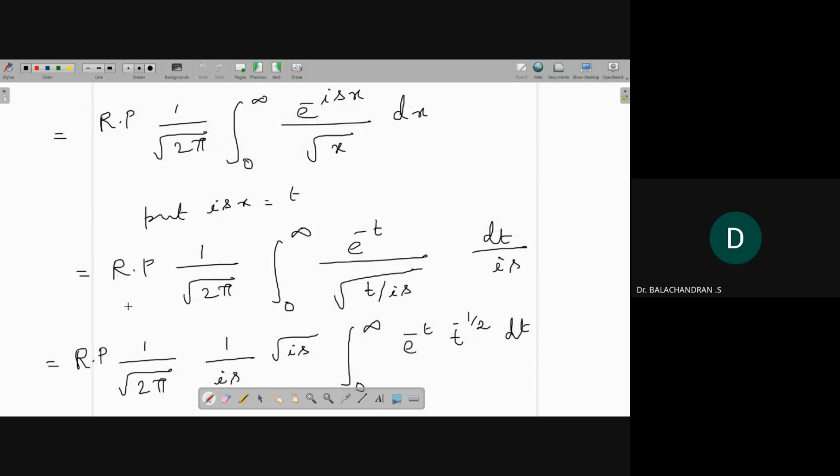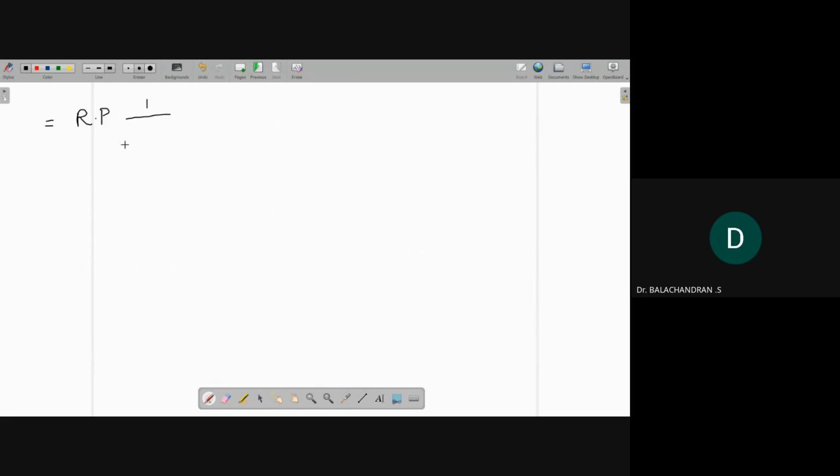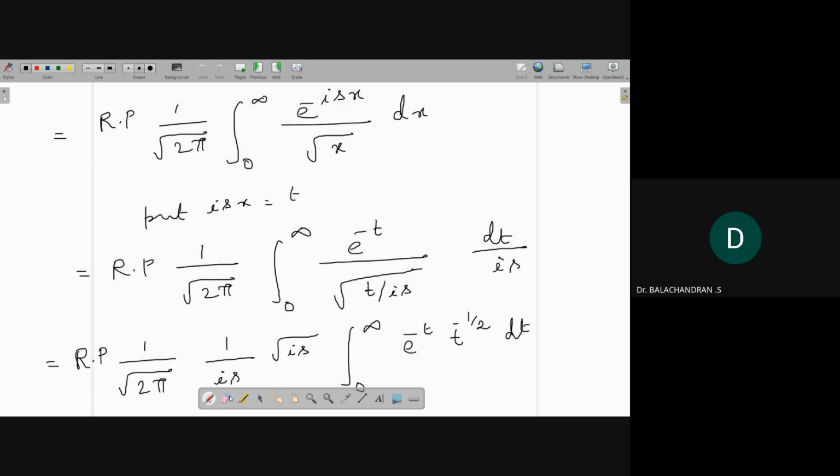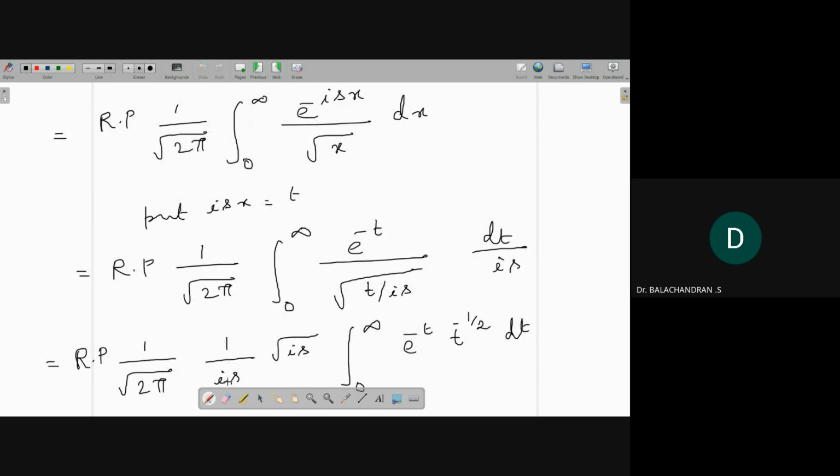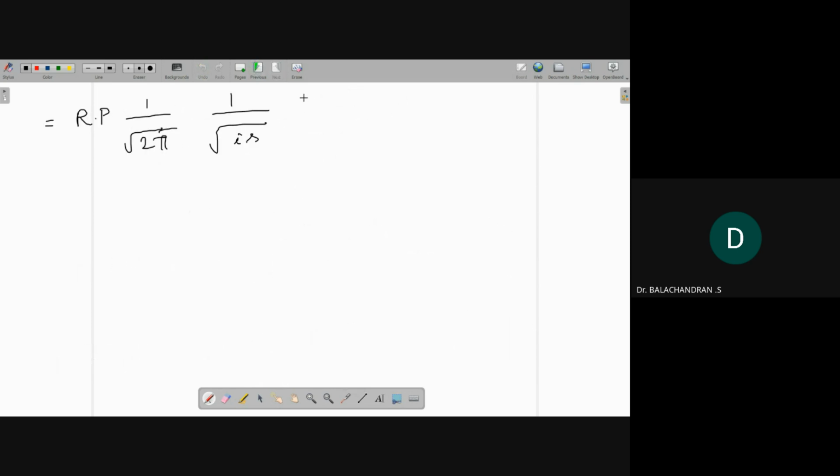Real part of 1 by root 2 pi. If I cancel this, we'll get 1 by root is, integral 0 to infinity e power minus t into t power minus 1 by 2 into dt.